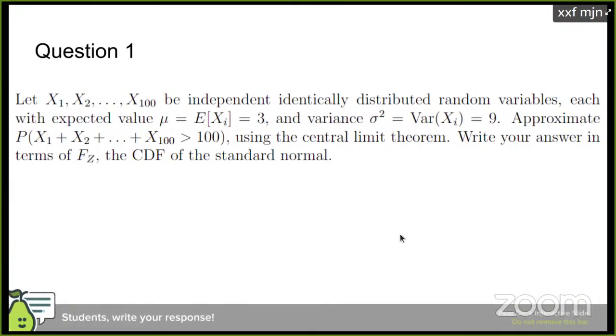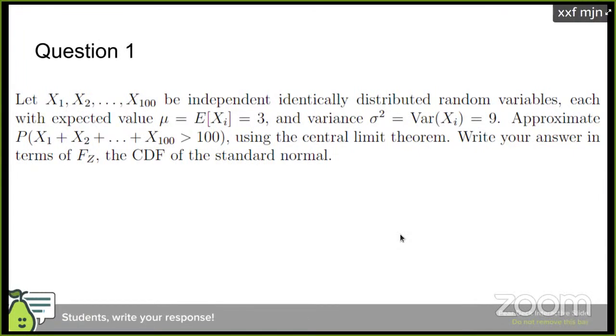Let x1, x2, ..., x100 be independent identically distributed random variables, each with expected value mu, which is the expectation of xi. So the expectation of every random variable x1, x2, x3, up to x100 is equal to 3, and the variance, which is sigma square of each random variable, is the same and equals 9.